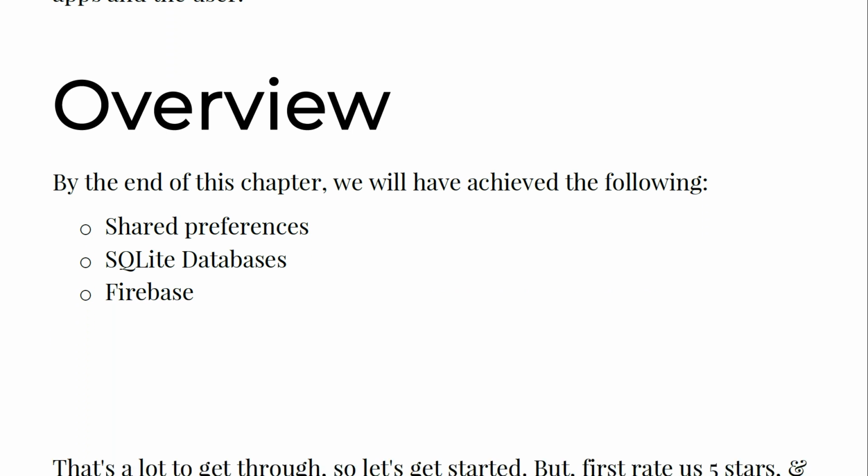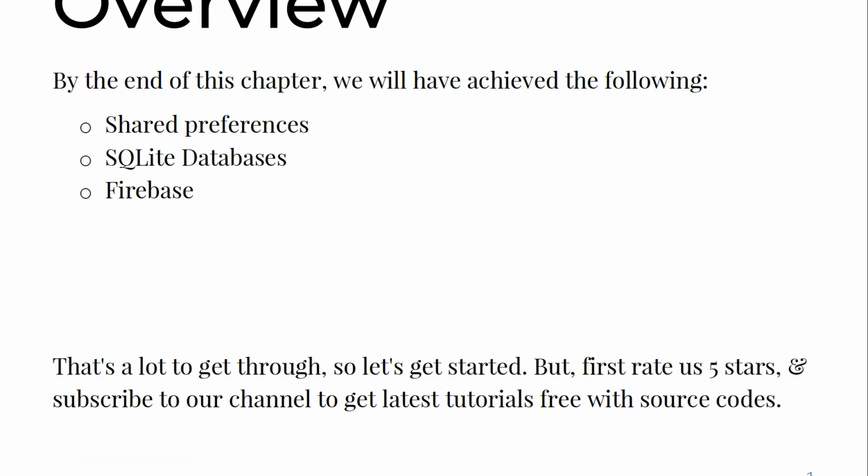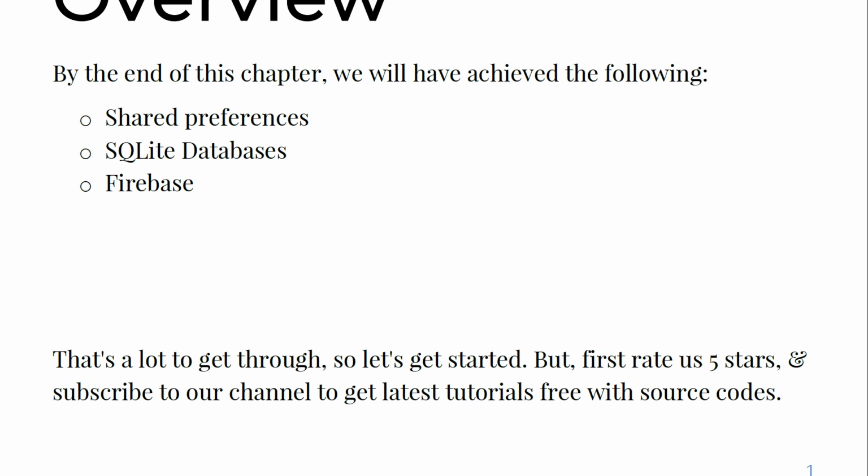So, an overview. By the end of this chapter, we will have achieved the following. We will learn about shared preferences, SQLite databases, and Firebase. That's a lot to get through, so let's get started.